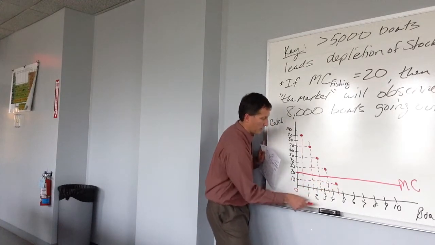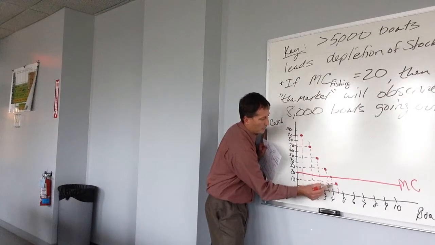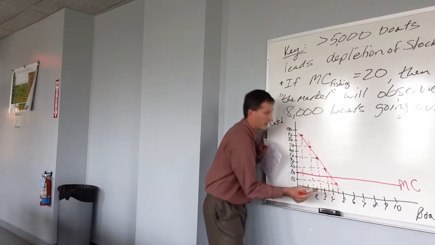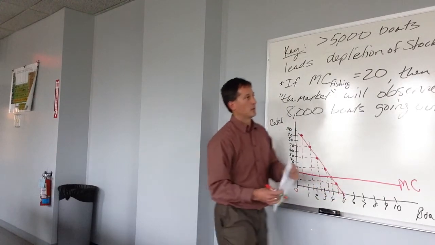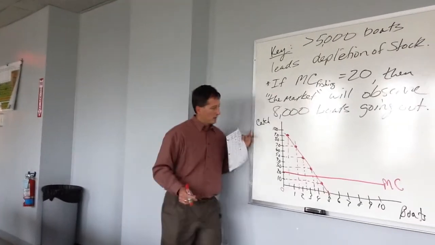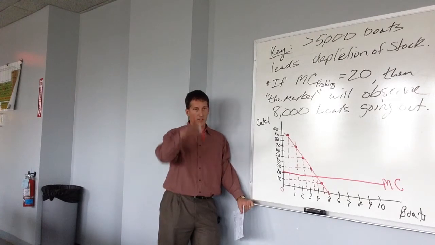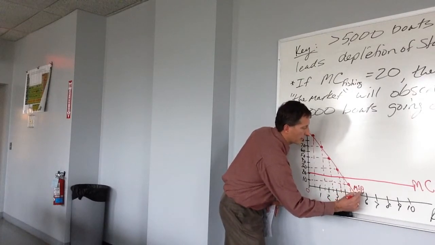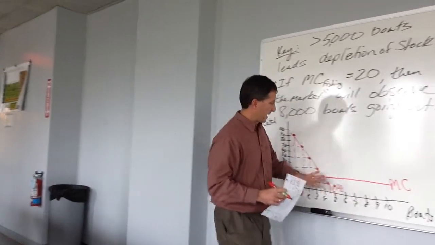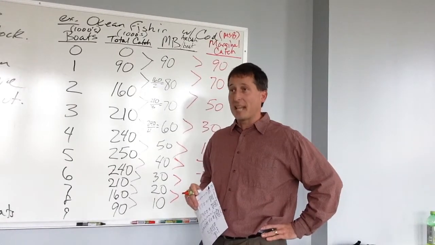So if you draw it real carefully, we should be cutting right through at 4, this line, if you drew it nice and carefully. And it cuts through the horizontal axis here at 0, which was at 5,000 boats. We were right at that level where the marginal catch starts to go down and we start to deplete the stock. So this now reflects the marginal social benefit curve. Again, being God, looking at the situation, that would be the benefits that would be sustainable over the long haul.